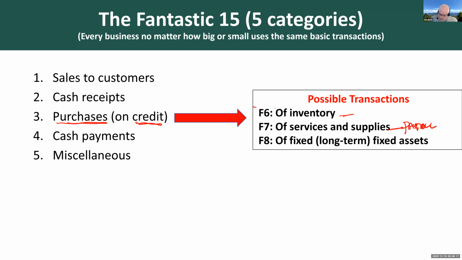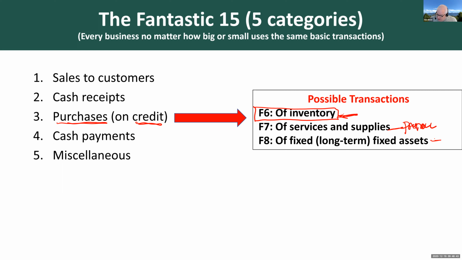The big one here, though, is if I need to lay in some inventory. Like when we talked about the Cheesecake Factory, if I needed to bring in a lot of liquor, then that is going to be inventory. Hopefully, those folks at Brown-Forman will let me pay them on a credit basis.